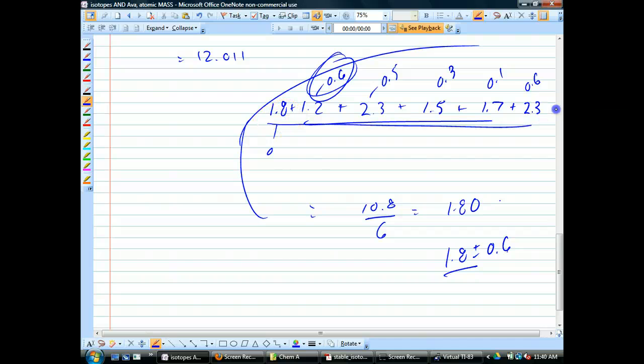Because when I add these up, I'm adding numbers. And the significant digit rule is you go by the lowest number of decimal places when you're adding numbers. Which means this sum, 10.8, would be allowed 1 decimal place, just like I've written it. But that's 1, 2, 3 sig figs.